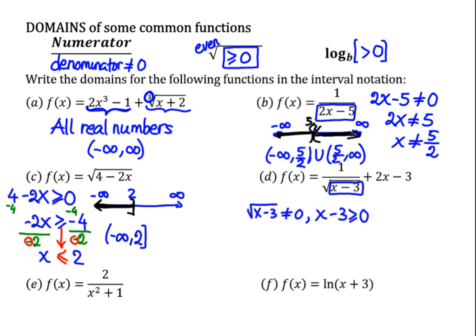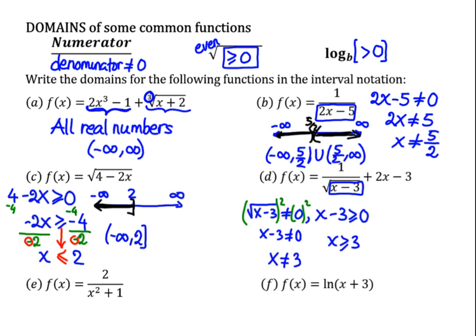So for the square root, we square both sides. We have x minus 3 greater than or equal to 0, since 0 squared is still 0. So x not equal to 3 if we add 3 on both sides. Here, if we add 3 on both sides, x greater than or equal to 3.